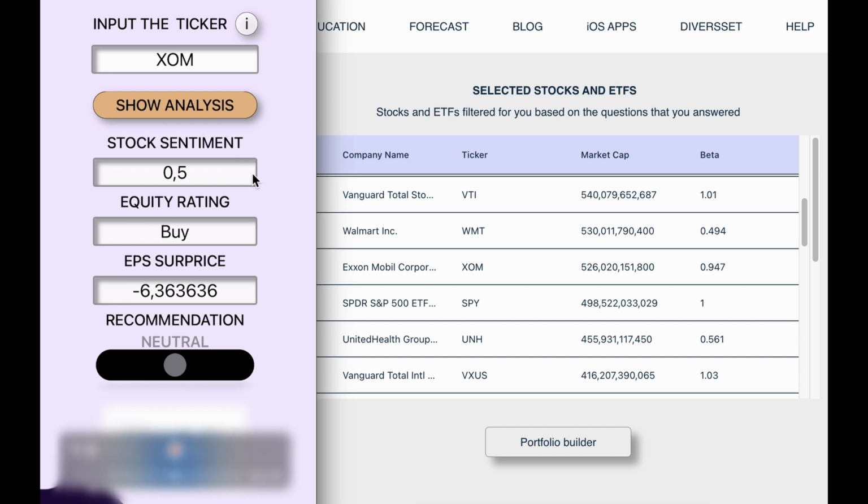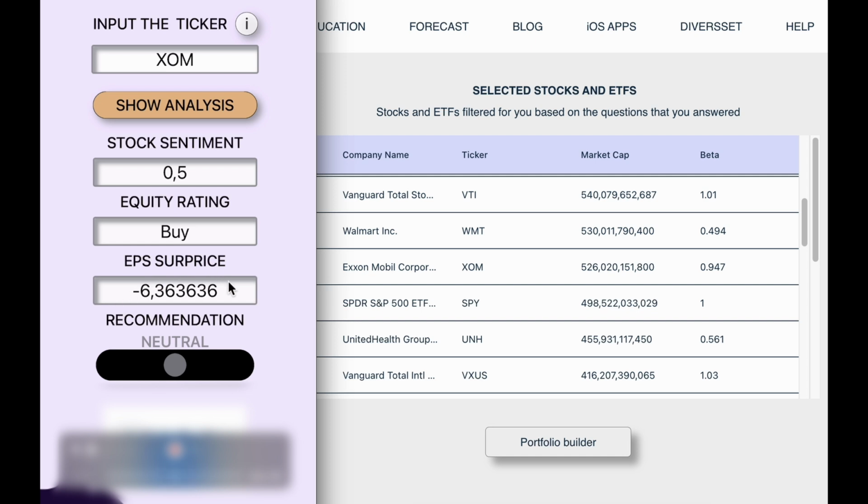Basically, this application takes mentions on Twitter, calculates positive and negative mentions, then takes equity ratings by different analysts. It's a consensus rating. It can be buy, strong sell, neutral. Then it takes the EPS surprise, by how much the company's actual EPS was better than the EPS estimated by analysts.